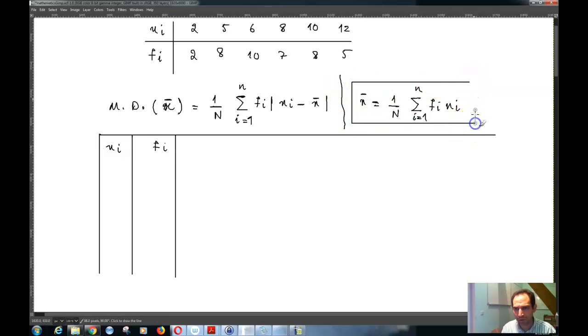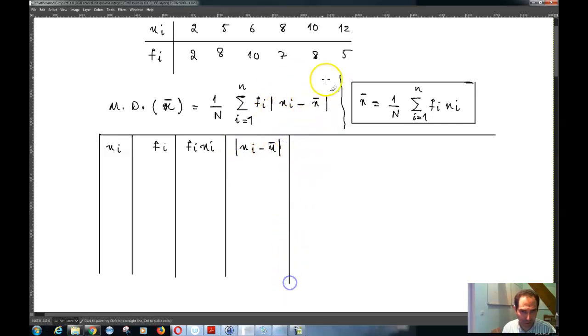So for this formula we need f of i times x of i. So I write it over here, f of i times x of i. And then we need x of i minus x bar, and of course the absolute value of that for this part of the formula. So everything that you need here, you need to calculate and put in a table so that you can access it later.